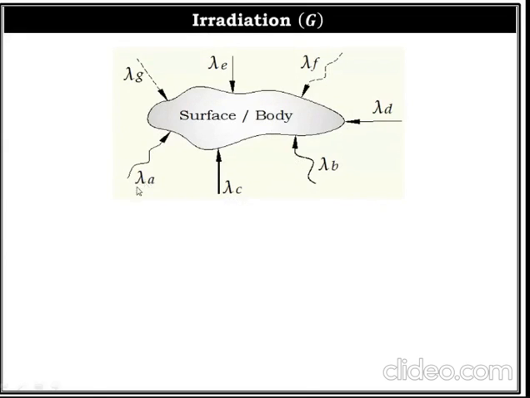So I am noting here wavelength A, B, C, D, E, F, like that. All kinds of wavelengths in all directions. These are the different radiations. So what is irradiation? Radiation received by any surface, that is called irradiation.